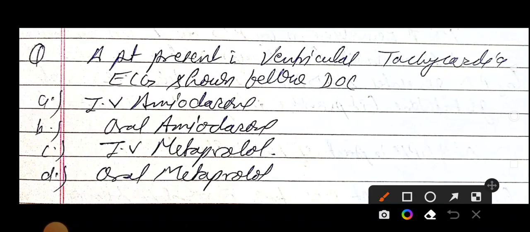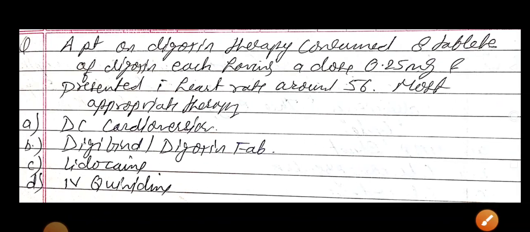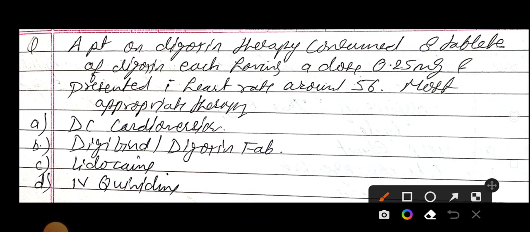Patient presents with ventricular tachycardia, ECG shown below. So the ECG is like ventricular tachycardia. Okay, so what is the drug of choice in acute situation? In ventricular tachycardia, the drug of choice is IV amiodarone. If this condition is associated with MI, like myocardial infarction, then in that situation we use lidocaine.